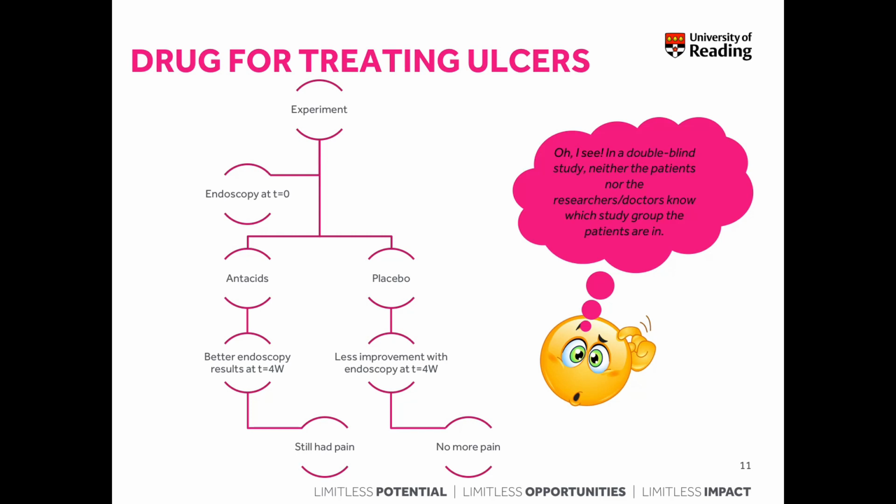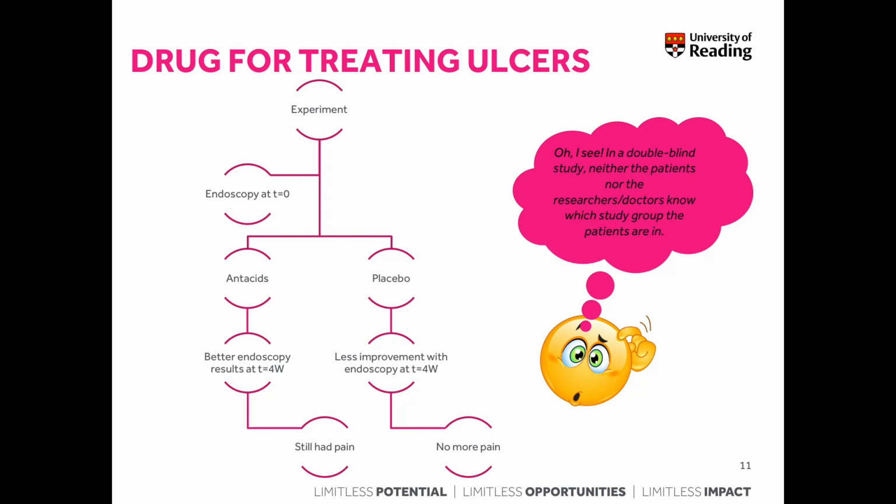While half received the antacid, the other half received a placebo, without knowing it, and actually without the investigators knowing who received what. So this is known as a double-blind study. At the end of the study, it was shown through doing endoscopy that the people who'd received the antacid had a clear improvement in their ulcer status.